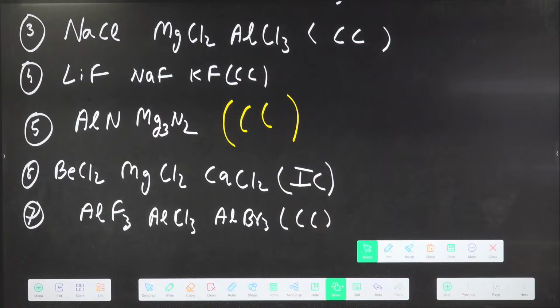Completed third, fourth, and fifth. If you have completed, you can try other one, but firstly I'll focus on 3, 4, 5.